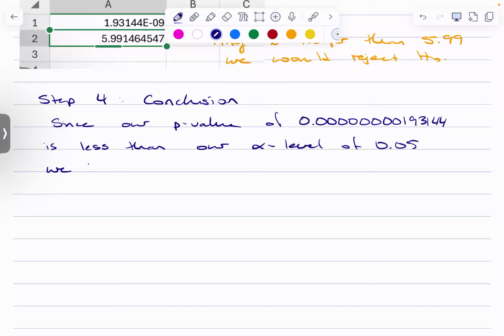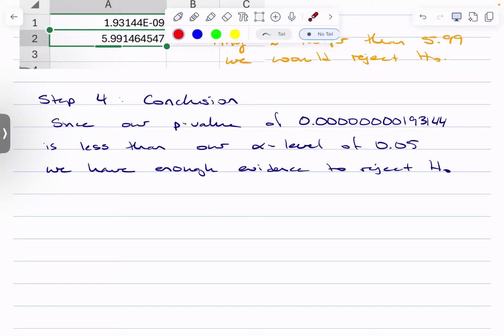We have enough evidence to reject H naught. If I'm rejecting it, I can offer up the alternative, in favor of the alternative hypothesis. But you don't have to, because I don't want to see, you know, I don't have enough evidence to reject HA or anything like that. Your conclusion is in terms of the null hypothesis.